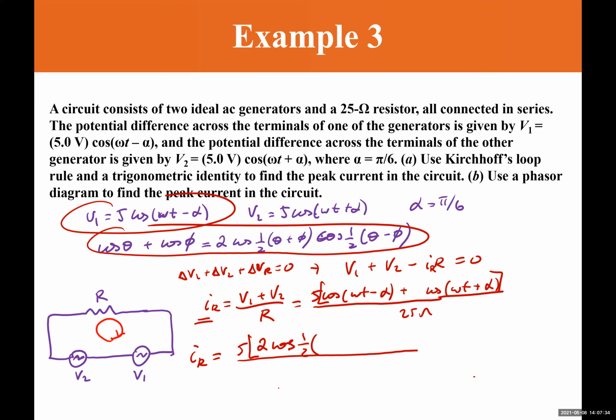Theta plus phi means omega t minus alpha plus omega t plus alpha, which means the alphas cancel out, and you have omega t plus omega t, so I get 2 omega t inside, technically.